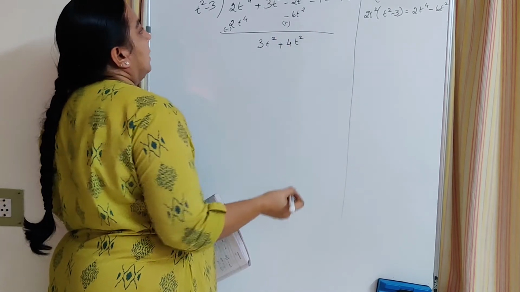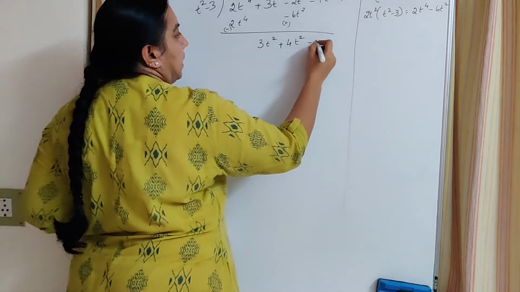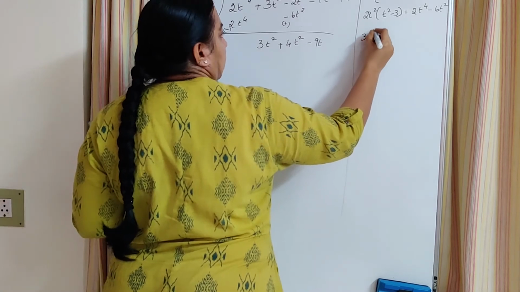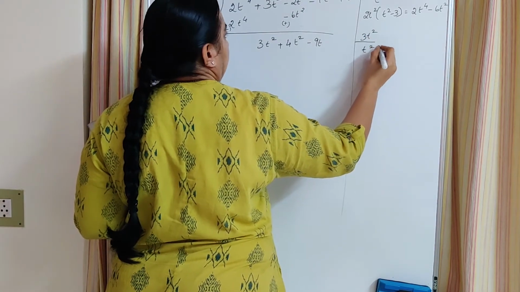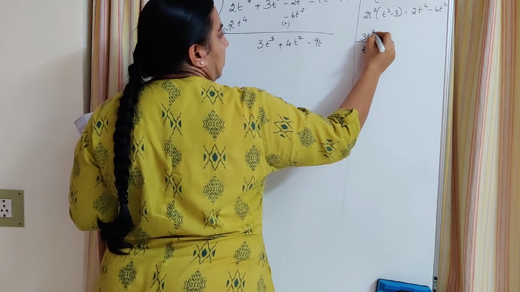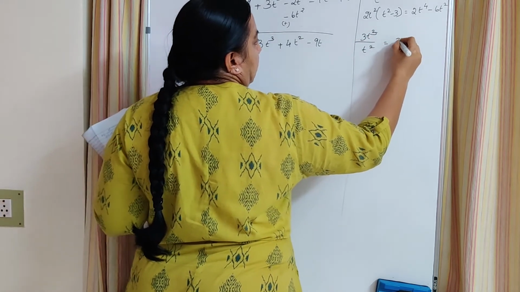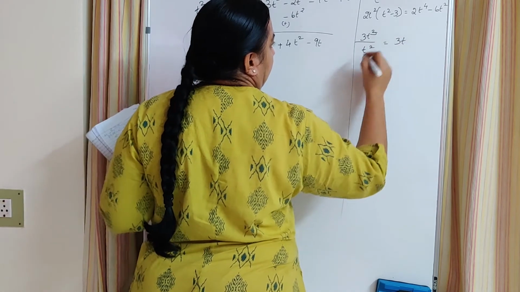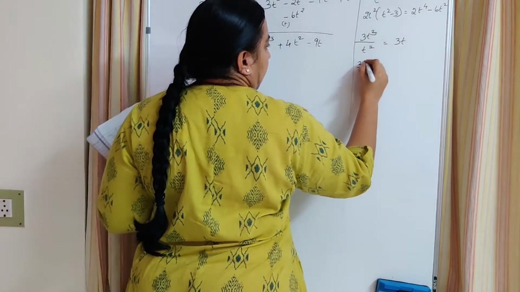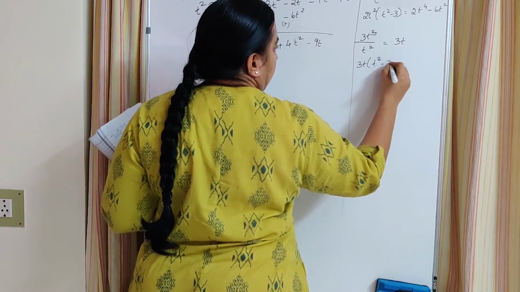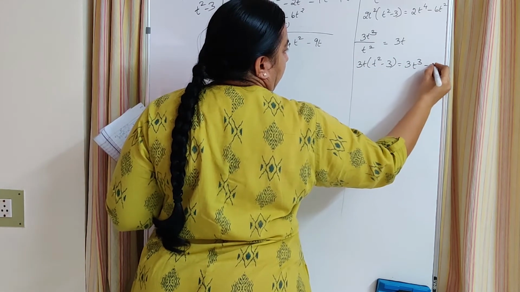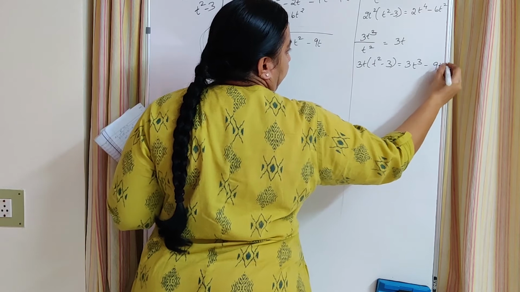Bring the next term. So I am taking the first term here, 3t cube divided by t square. So I get 3t alone, plus 3t. Okay. 3t into t square minus 3 is equal to 3t cube minus 3 3s are 9, 9t.